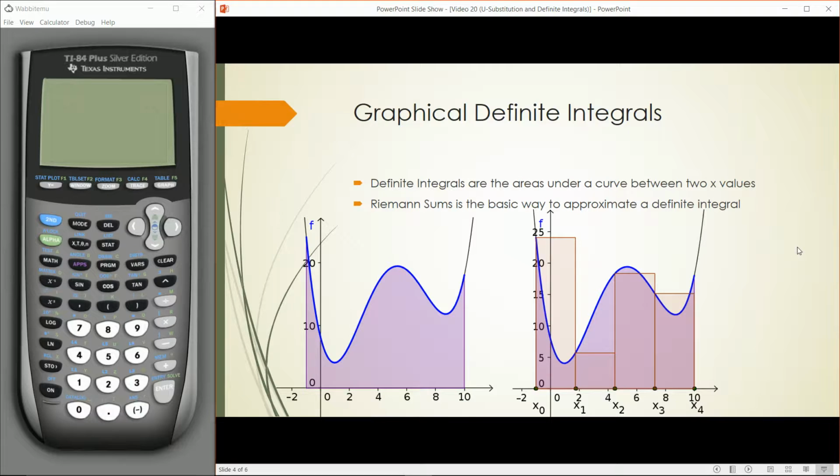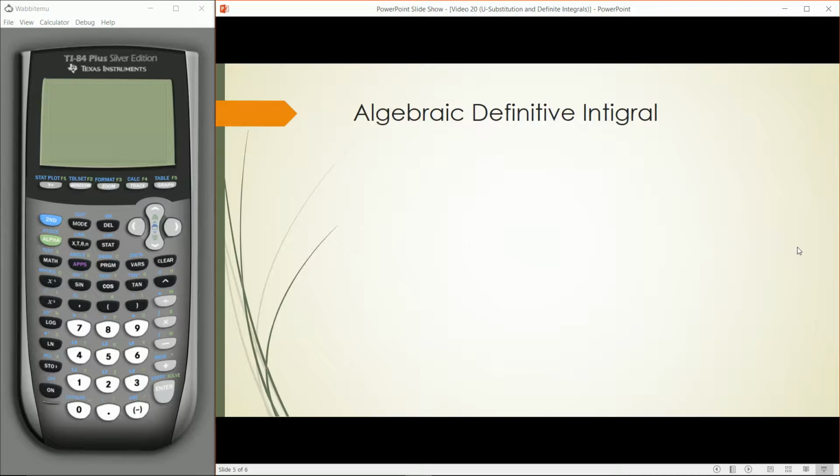So that's the graphical interpretation of a definite integral. Let's talk about the algebraic interpretation of it. Well, you can write it as an integral from a to b of f of x dx. We've already done the indefinite integral of this, and you still use that same thing.